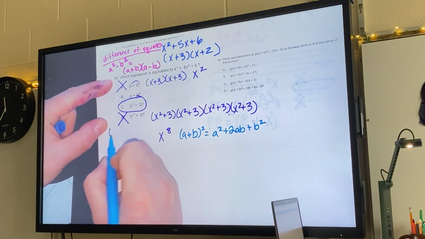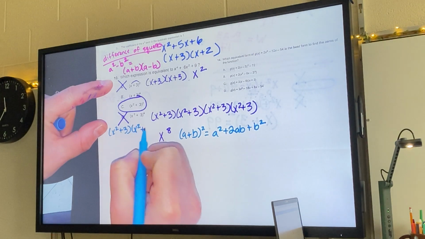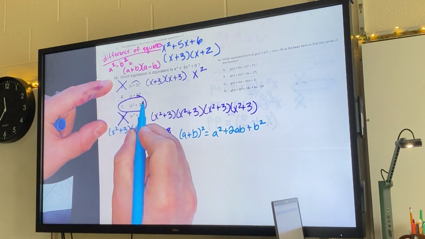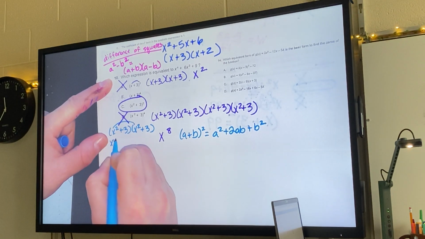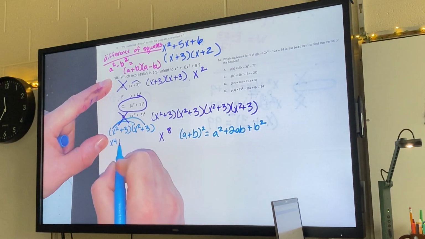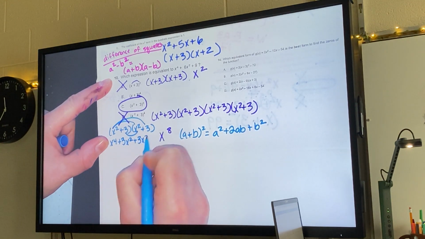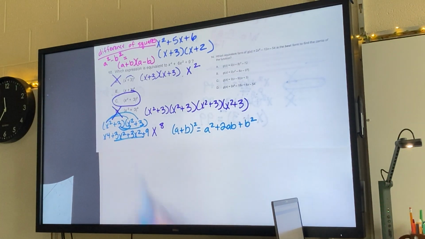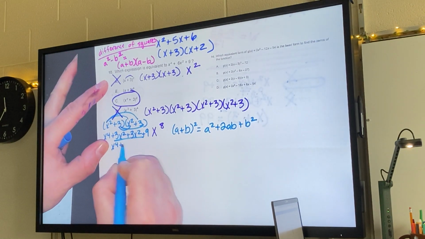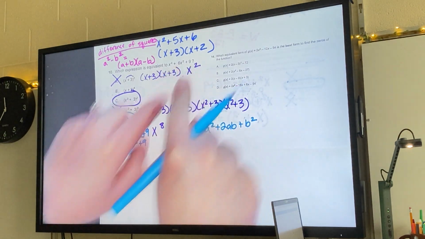Or you could just do x squared plus 3 times x squared plus 3. And there's 2 of them because it's squared. And then x squared times x squared is x to the fourth. X squared times 3 is 3x squared. 3 times x squared is 3x squared. 3 times 3 is 9. Hook up these 2 like terms, and you get x to the fourth plus 6x squared plus 9, which is what we had.